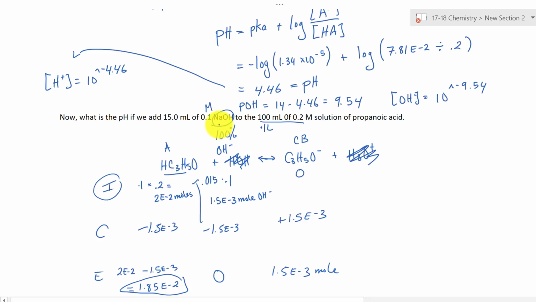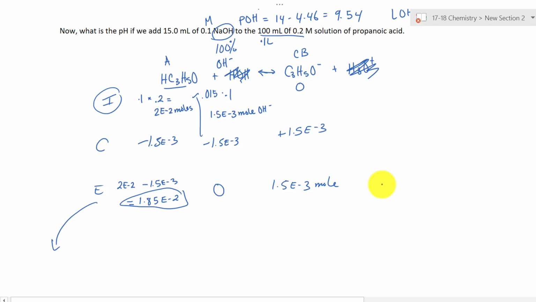And that is how adding a base affects the concentration of the whole entire solution. And these two values right here will become the initial values when we take account of the waters.